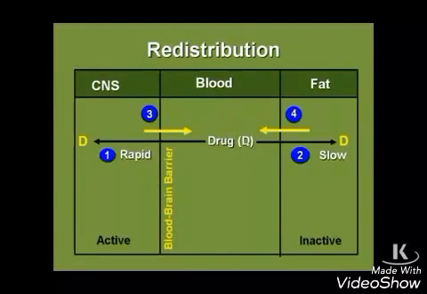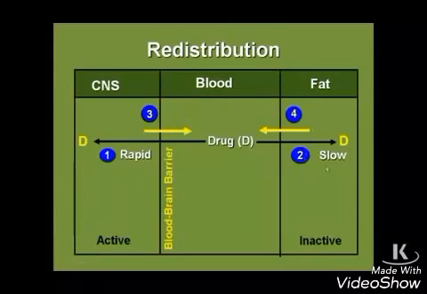But imagine if you give subsequent doses of this drug. If you continue to take thiopental repeatedly, some of that drug is already being sequestered in the fat. So multiple doses of thiopental will still lead to a rapid movement of the drug into the CNS, but the movement into the fat from the blood will actually be much slower. Why?